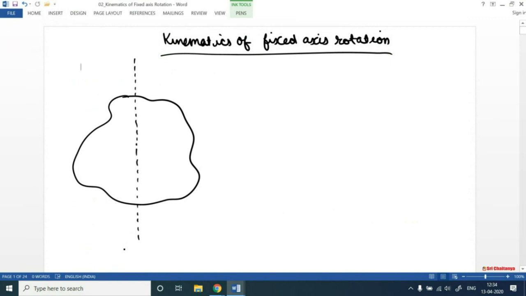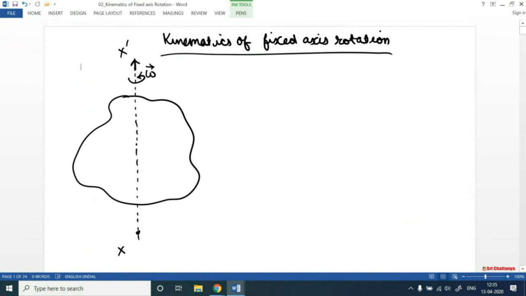Let's say this is x and this is x dash. This rigid body is moving about the fixed axis x dash with some instantaneous angular velocity omega. Obviously, the direction of omega is this. This is the direction of omega over here.